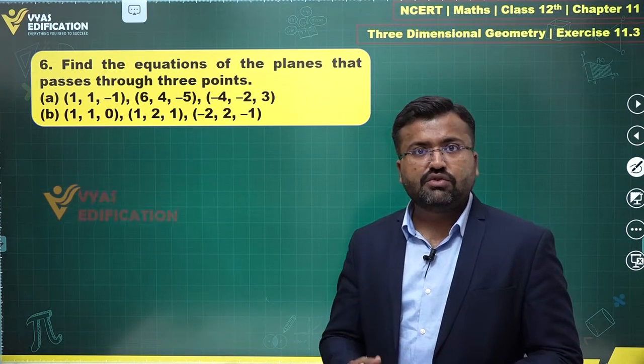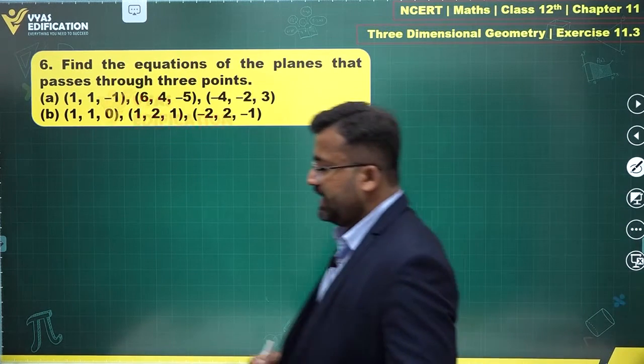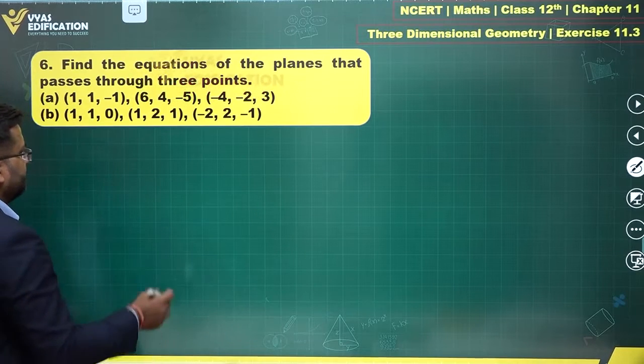So one of the ideas is to use the Cartesian equation. Cartesian equation can be obtained by using a simple idea. What is that? Cartesian form can be obtained very easily.